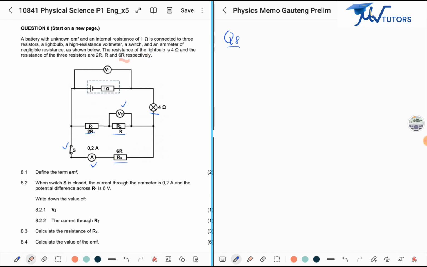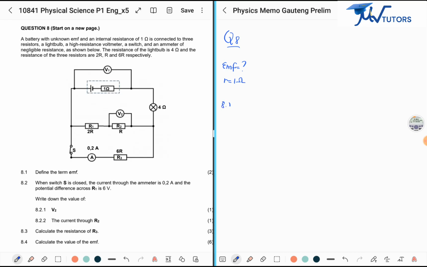The resistance of the light bulb is 4 ohm, and the resistances of the 3 resistors are 2R, R, and 6R respectively. So we don't know what the EMF is, and the internal resistance is 1 ohm. Let's just take note of that.